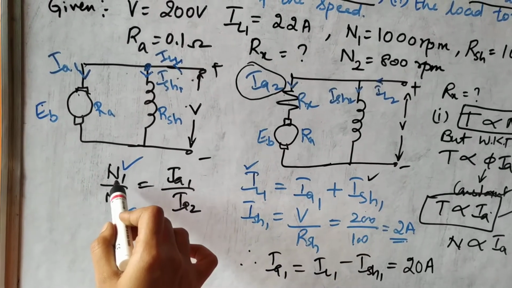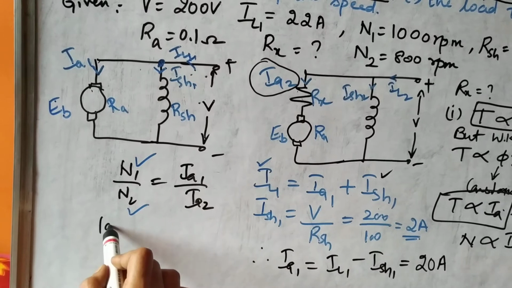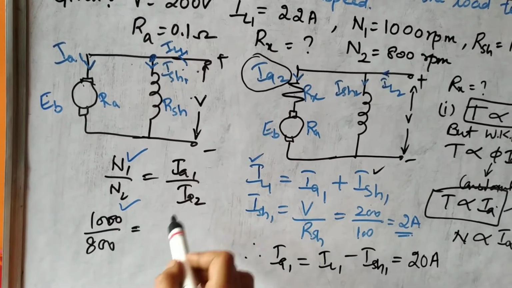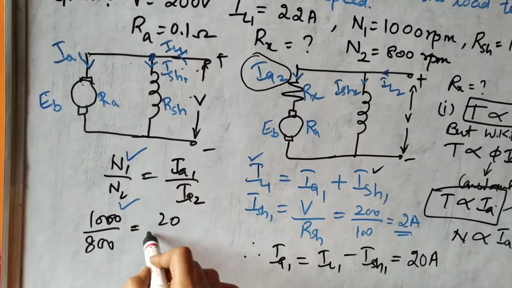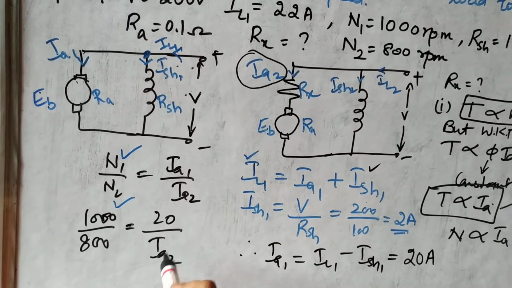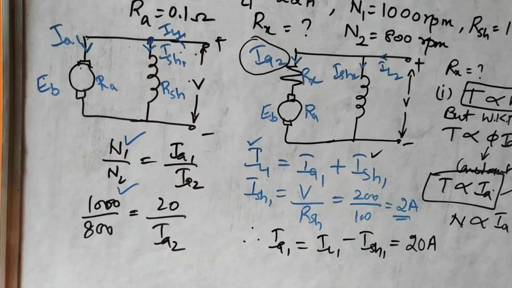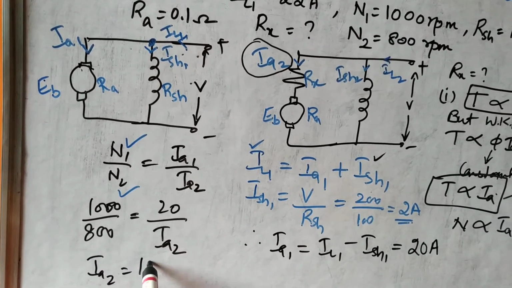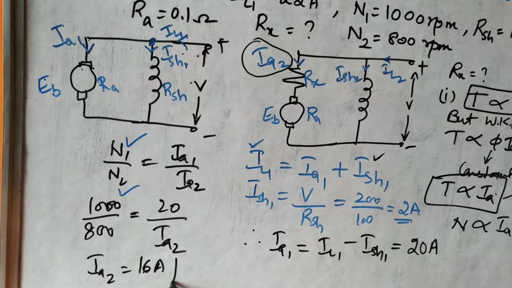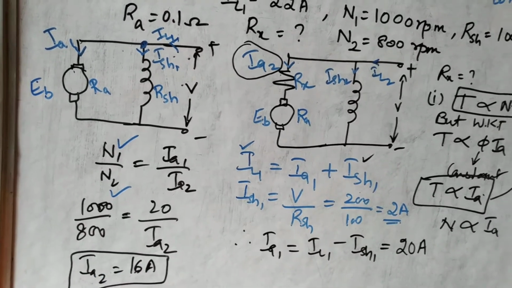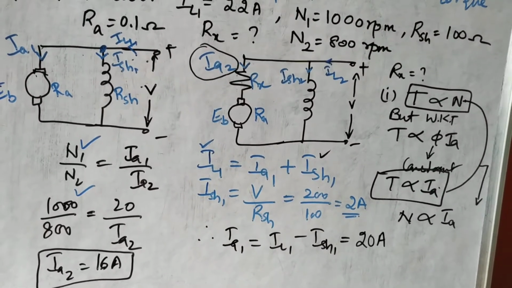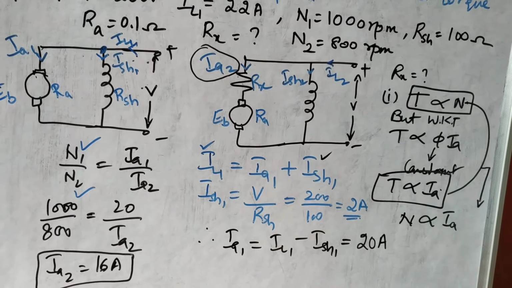What is the speed N1? 1000 divided by N2, 800, equals Ia1, 20, divided by Ia2. Just perform a cross multiplication and you will get Ia2 as 16 amperes. This is the current which will flow through this Rx value.